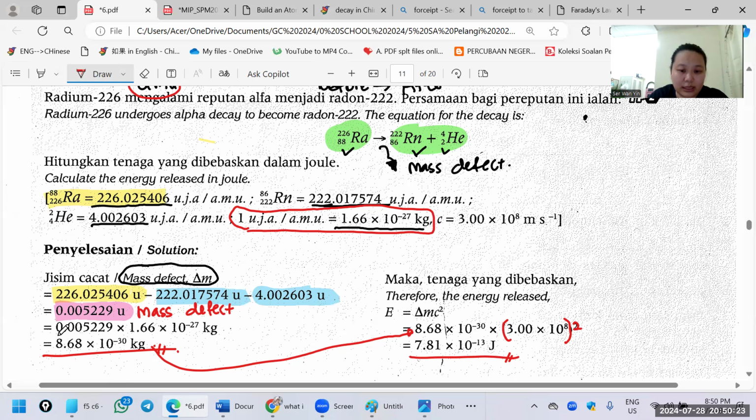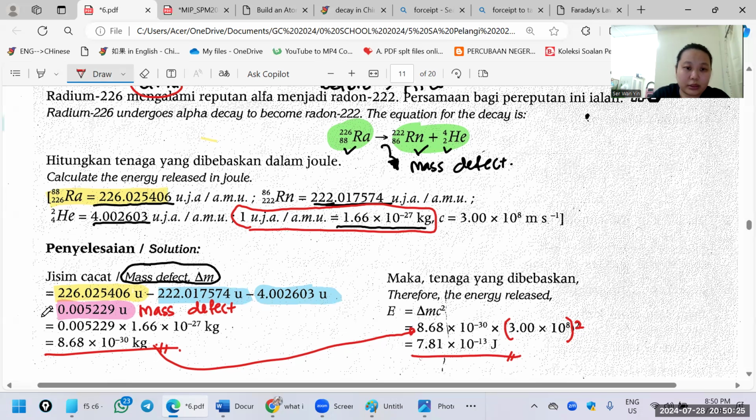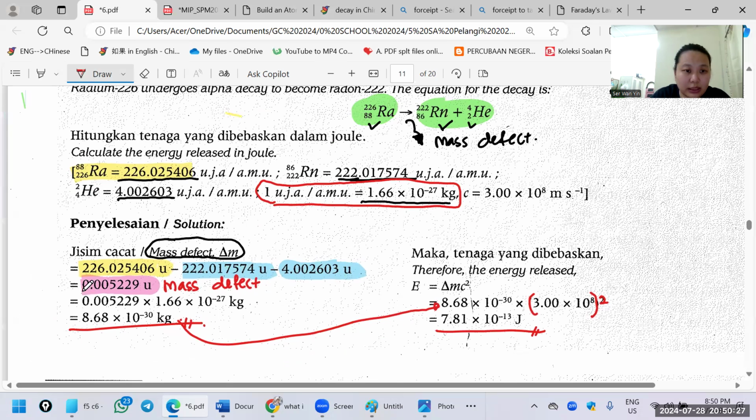So you will get this. I press the calculator, I get 5.229 times 10 to the power of negative 3. Then times 1.66 times 10 to the power of negative 27. So I will get 8.680 times 10 to the power of negative 30. Yep, at least 3 decimals.